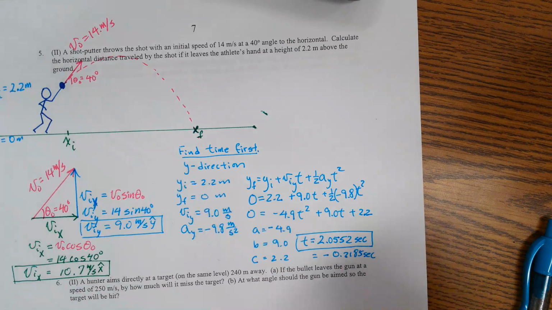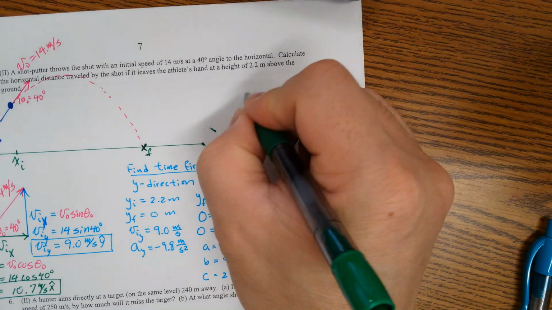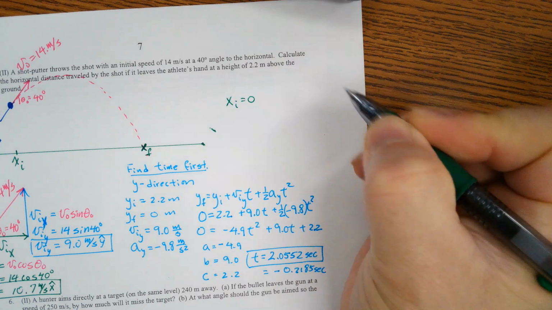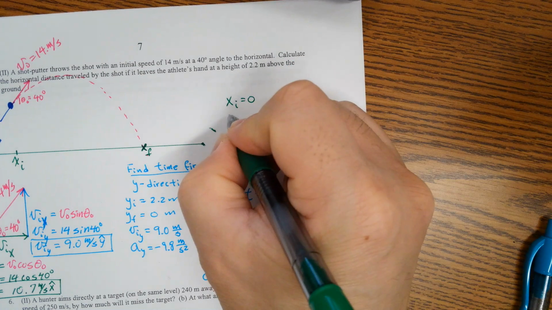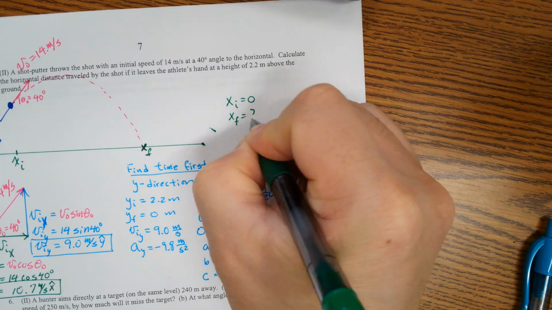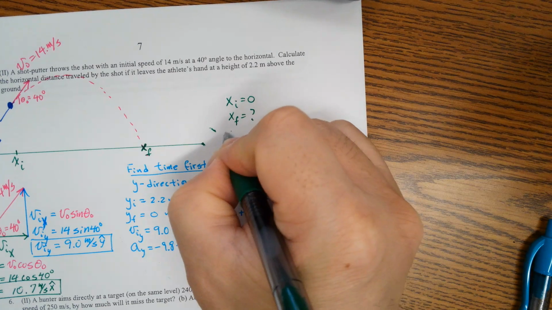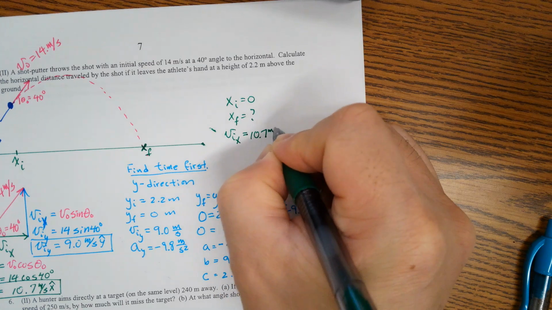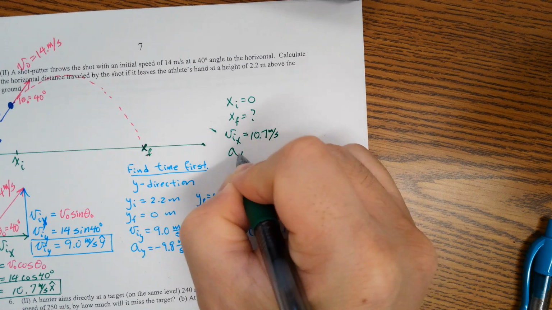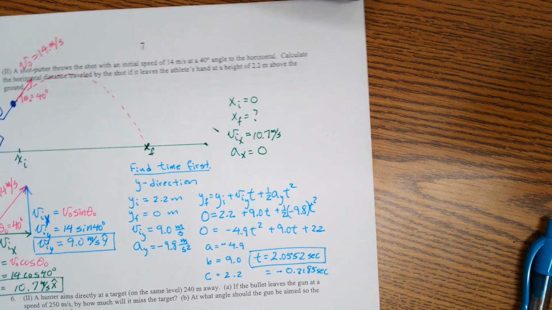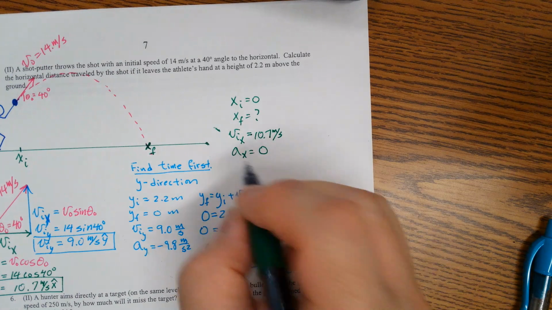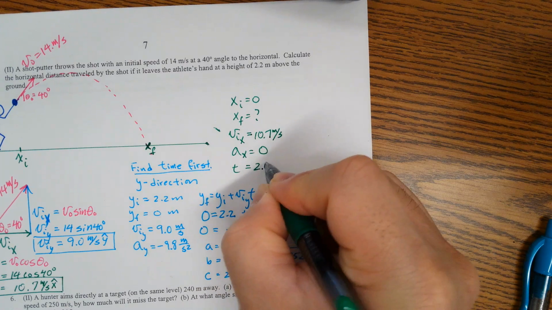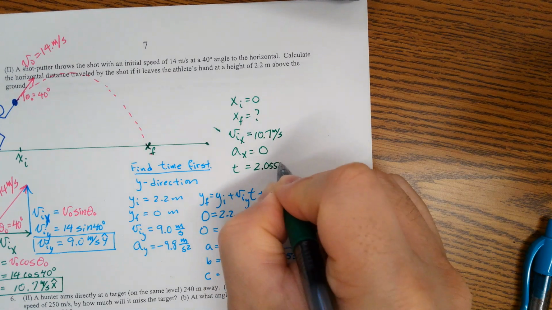Once we know the time, now we can use that time for the x. We know x initial is 0. We're looking for x final. We know V_ix, which is 10.7 meters per second. We know a sub x is equal to 0, because acceleration in the x direction is 0. And we know time now, which happens to be 2.0552 seconds.